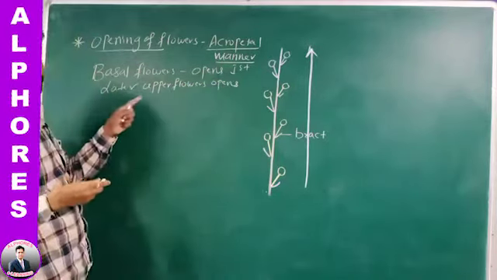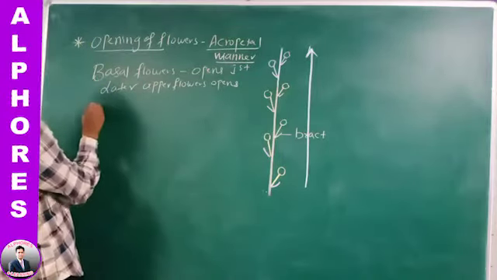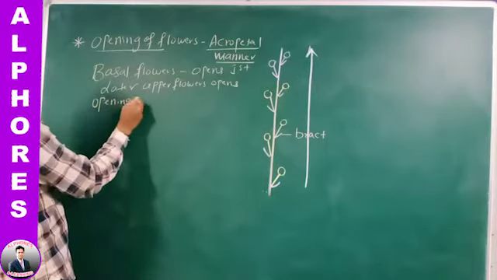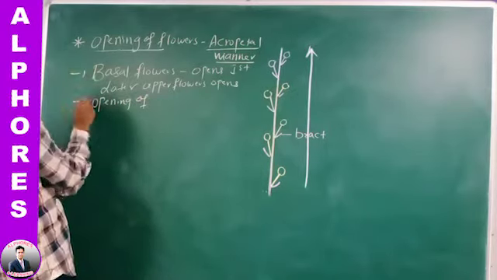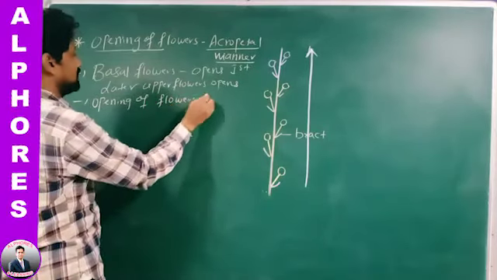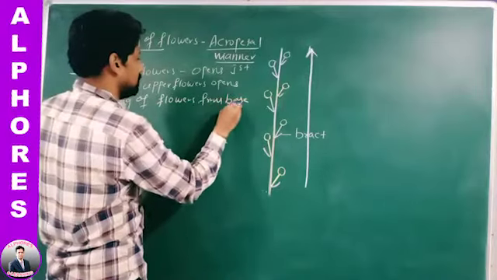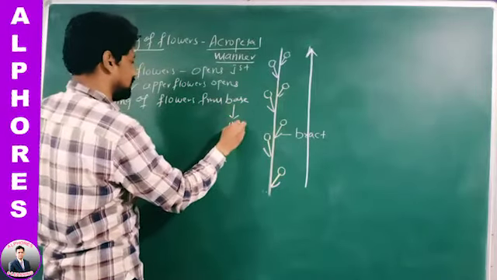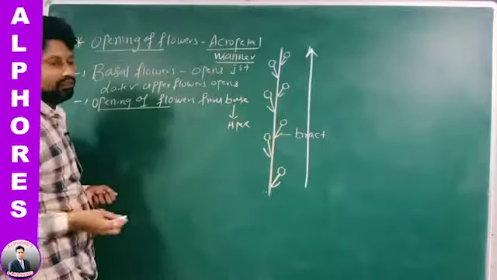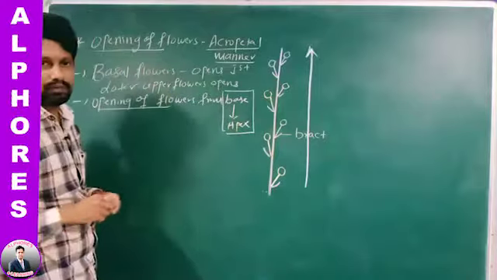Sir, simply we can say that opening of flowers proceeds from base to apex. Opening of what, sir? Opening of flowers. Opening of flowers from where to where? From base to apex. What are opening? Flowers are opening. From where to where? Base to apex. This is called acropetal manner.